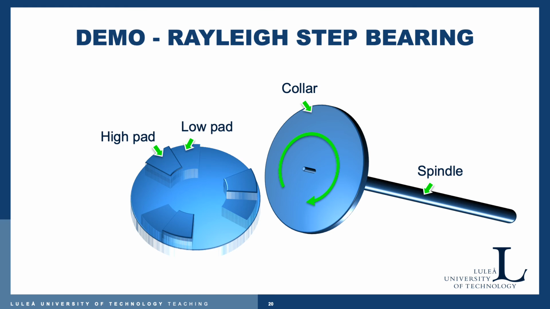And when we rotate the spindle this direction, then we drag fluid, in this case air, in over the low pad, and as it's being dragged in over the low pad, it doesn't know where to escape really. It can escape somewhat to the sides, but some of it must be dragged in over that high pad, and that is what generates the lift, as you will see in an actual physical example which we have constructed as a demonstration for you.